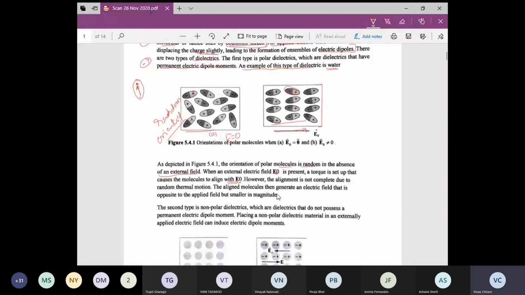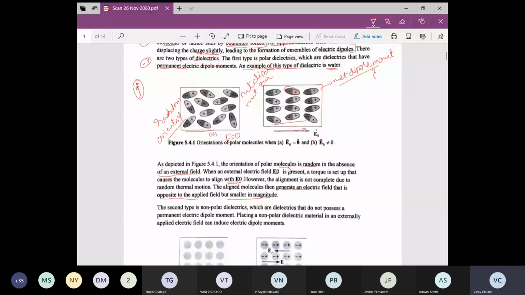However, the alignment is not complete, due to random thermal motion. The aligned molecules then generate an electric field that is opposite to the applied field but smaller in magnitude. So now they have some net dipole moment, whereas initially the net dipole moment was zero.